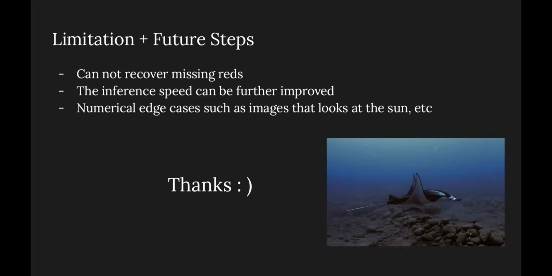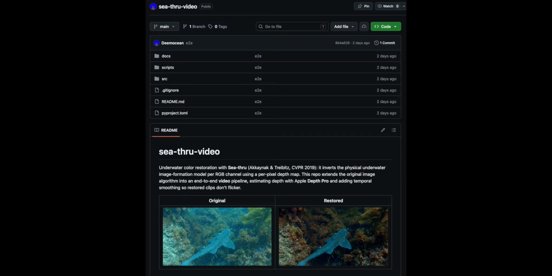And there are also cases where I see bad distortion when having images such as looking at the sun and stuff like that. But this issue can be mitigated by further fine-tuning and smart modeling of the parameters in edge cases. Hopefully I can continuously improve this work and make it better.